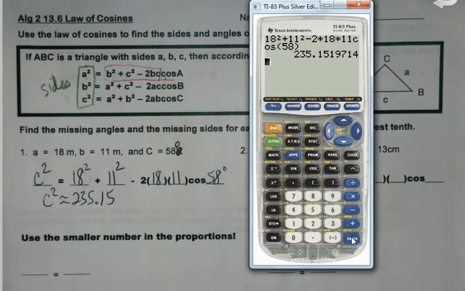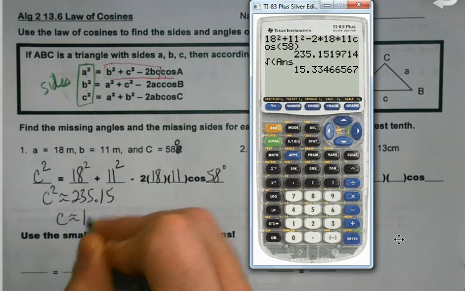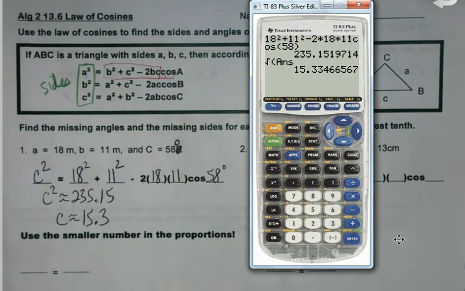Because again, we're running into a parentheses issue, and I know how some of us are with that, including me. So I'm going to take the square root, and like we were doing with the law of sines, I'm going to use second to get the exact decimal and take the square root. And I can get to my answer, which is about 15.3, because we're going to round to the nearest tenth.